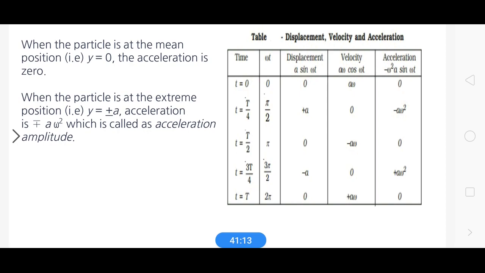And at the other extreme position the displacement is minus a, velocity 0, acceleration a omega square. And finally the particle comes to its mean position, and that makes one complete oscillation. The displacement is 0, velocity a omega, acceleration is 0.